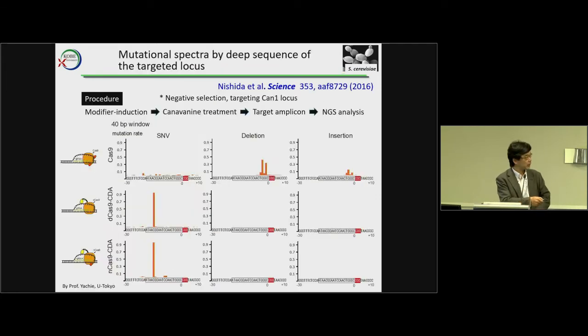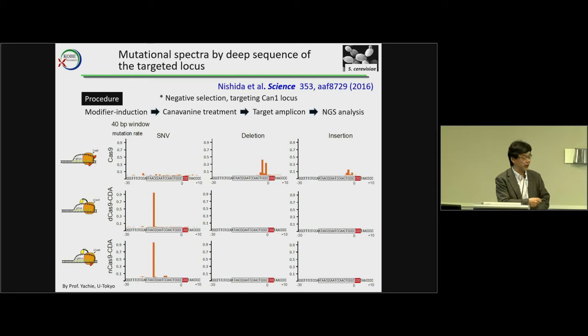So under this slide, okay, I forgot to tell, these experiments were done using Saccharomyces cerevisiae as initial studies. This slide is a very important slide. This is a guide RNA sequence, this is the Cas9 system, and this is dead Cas9 deaminase.